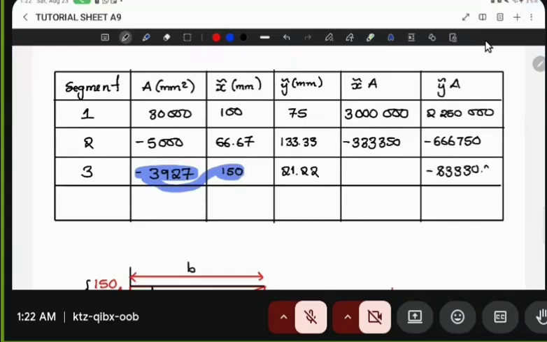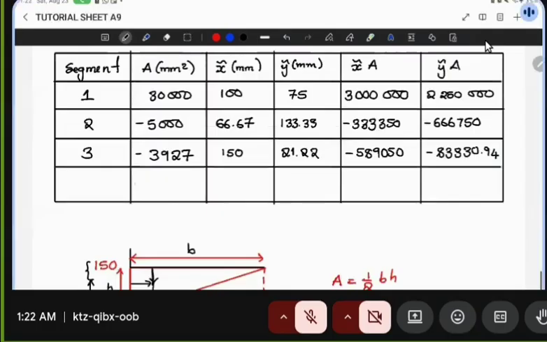Like this. Yes. Therefore, x will be negative 589,050. Like that. Yes.